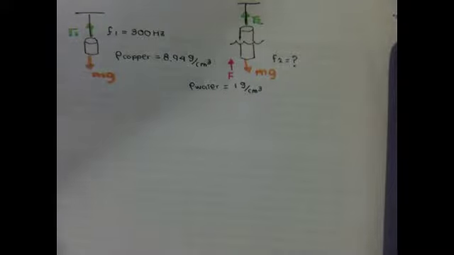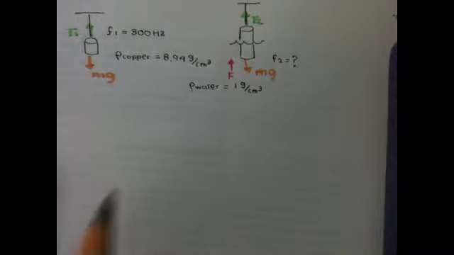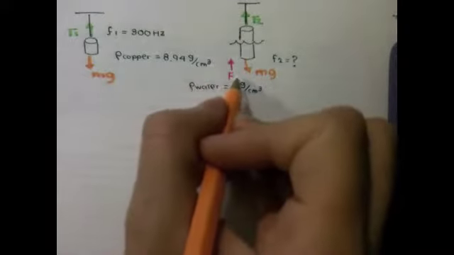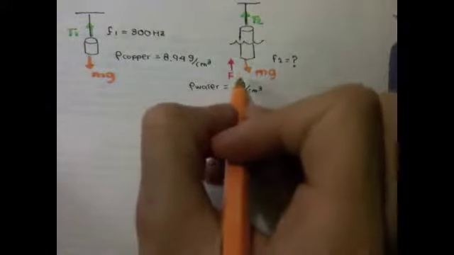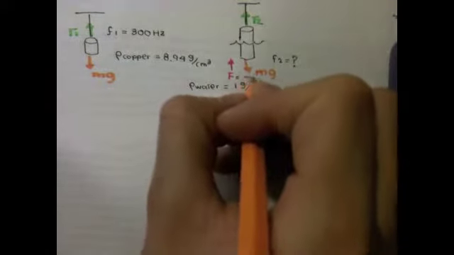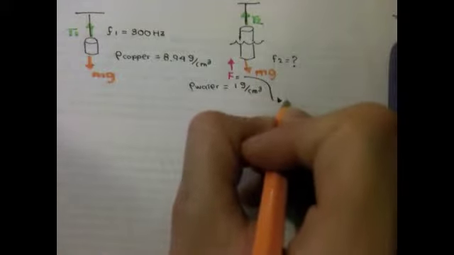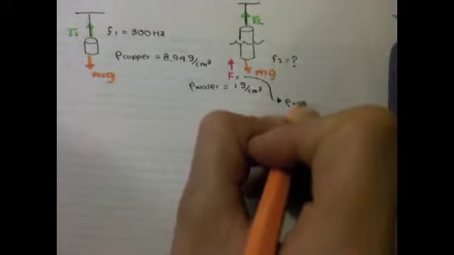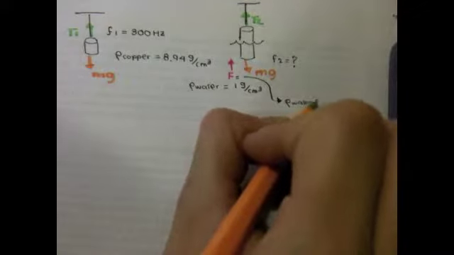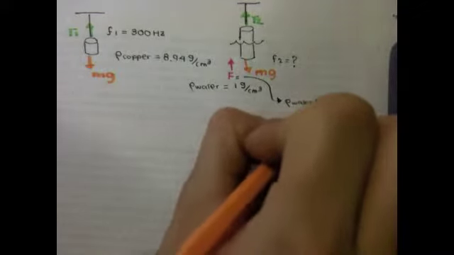Now that we have the free body diagram, we need to make the sum of forces in Y to have two equations. But first, we know, thanks to Archimedes' principle, that the buoyant force is equal to the density of the liquid, of the water, times gravity times volume.